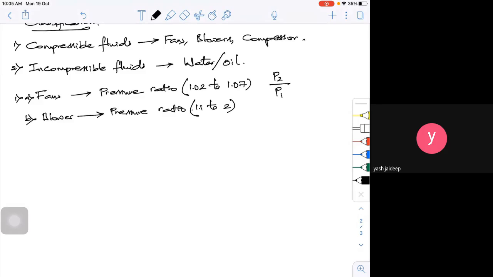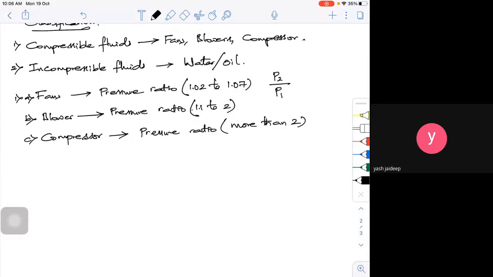Anything above 2, if the pressure ratio is more than 2, I call such machines compressors.